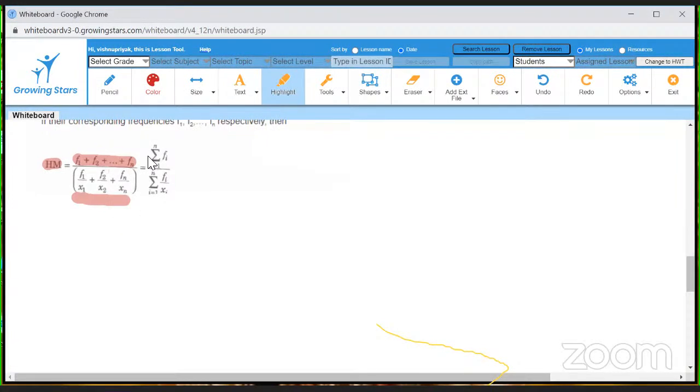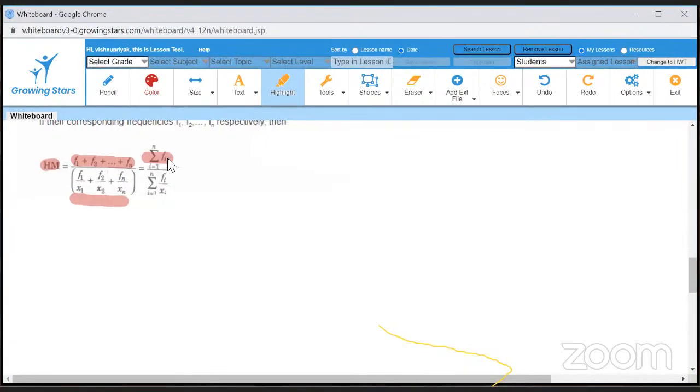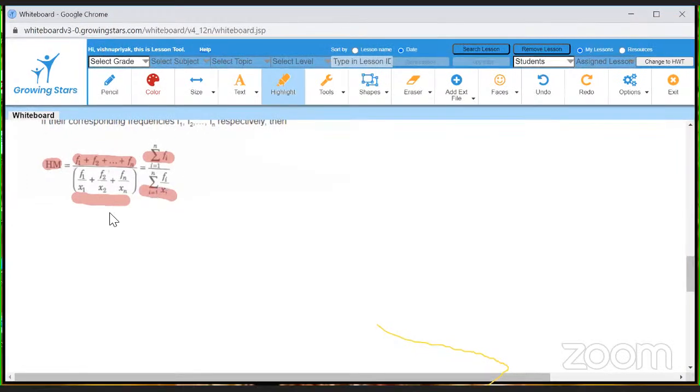That means sigma of frequencies fi by sigma of fi by xi, i is from 1 to n. So these are the two formulas for geometric mean and harmonic mean.